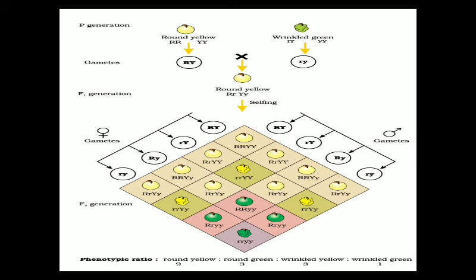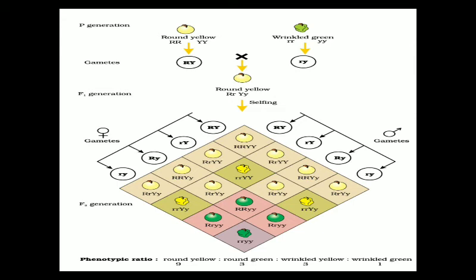But in the F2 generation, the ratio was 9 is to 3 is to 3 is to 1. Nine of the plants showed both dominant traits, that is, their seeds were round and yellow. But 3 plants were round with green seed. Round seed is a dominant trait, but green seed color is a recessive trait.